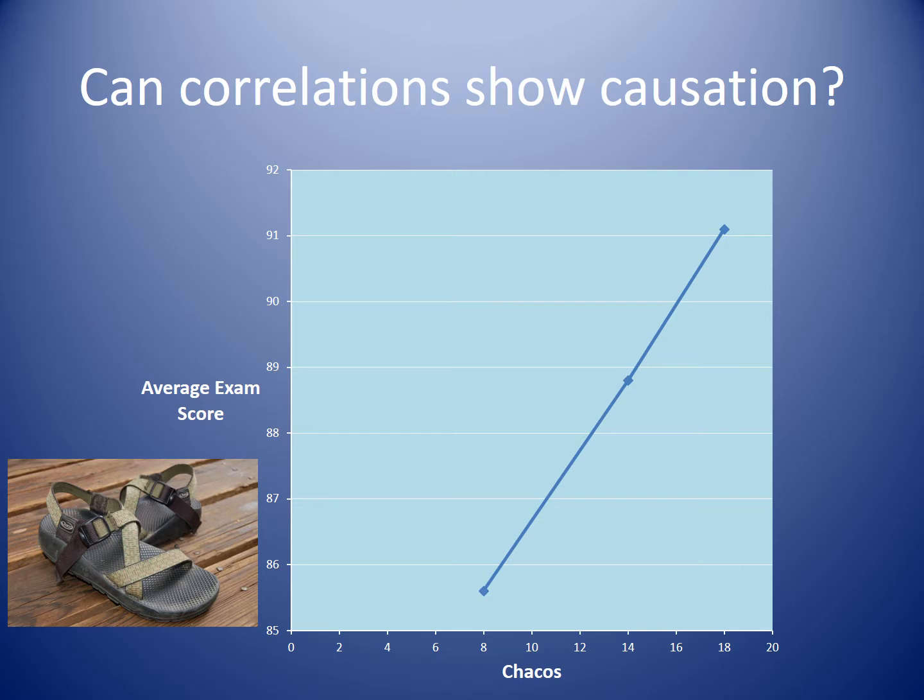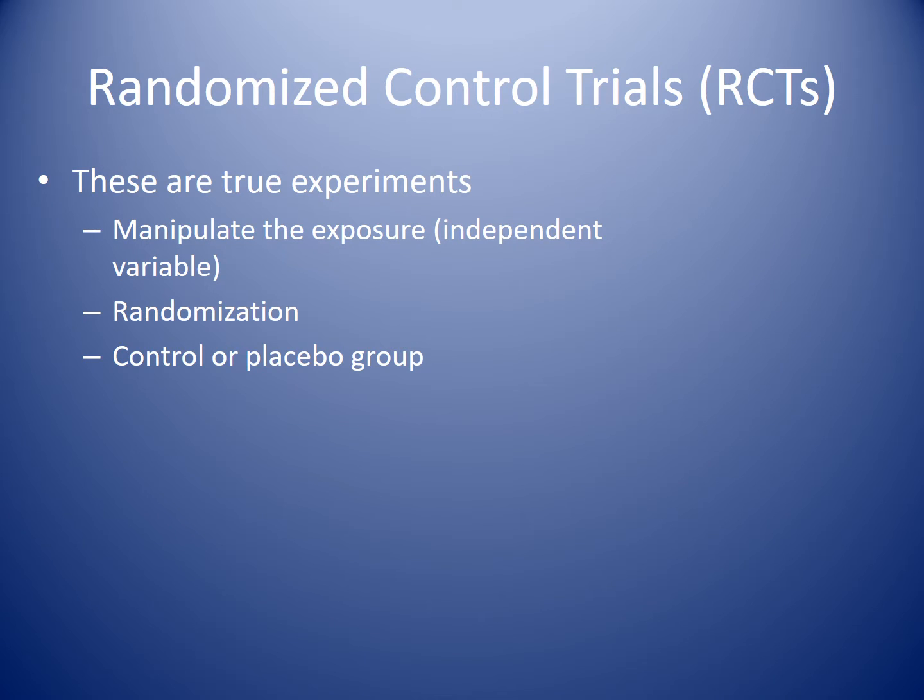Does that mean that wearing Chacos makes you smarter? Well, no, of course not. This is an example of how two variables are related, Chacos and exam scores, in a cross-sectional way, but that does not mean that one causes the other. So similarly, we can't conclude that physical activity during pregnancy causes babies to be born smaller. We don't know what causes it, we just know that those two things are related.